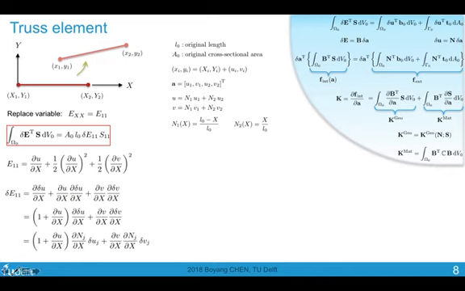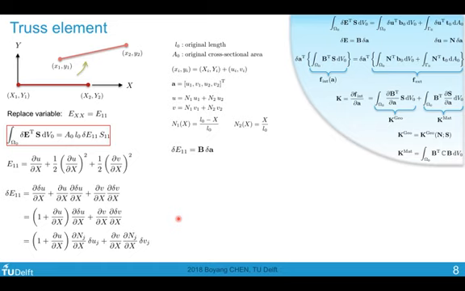Then I would like to substitute the delta u by the shape function multiplied with delta uj, which is the nodal variations. Similarly here, I replace delta v as Nj times delta vj. So we have the Einstein summation convention, where we sum over the repeated indexes, in this case from 1 to 2, because we have two shape functions.